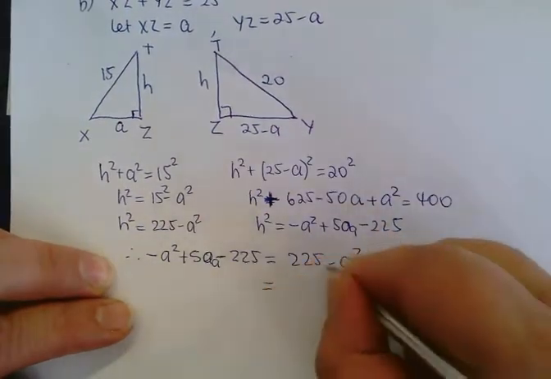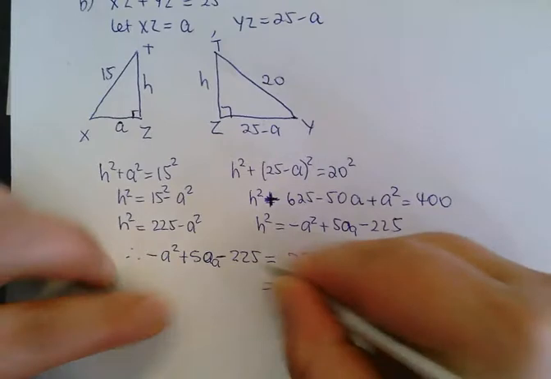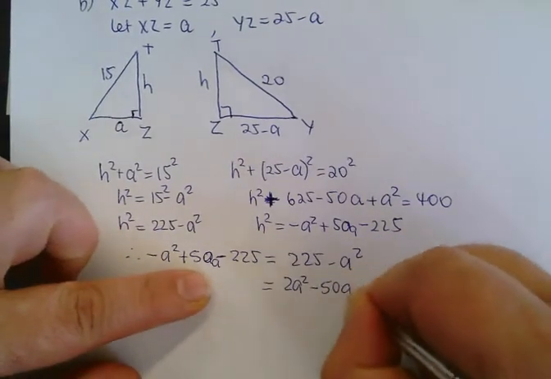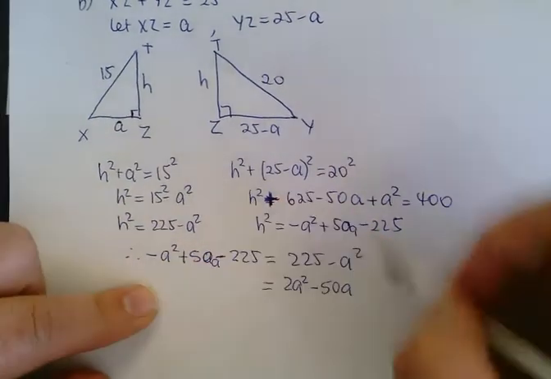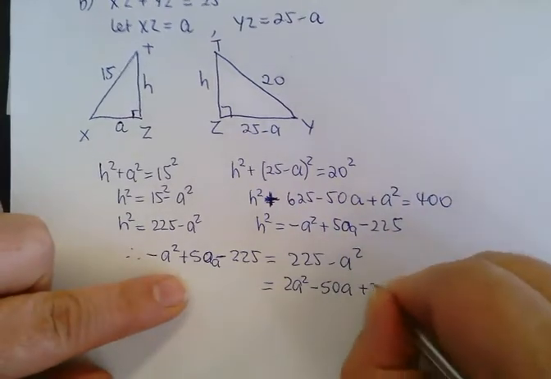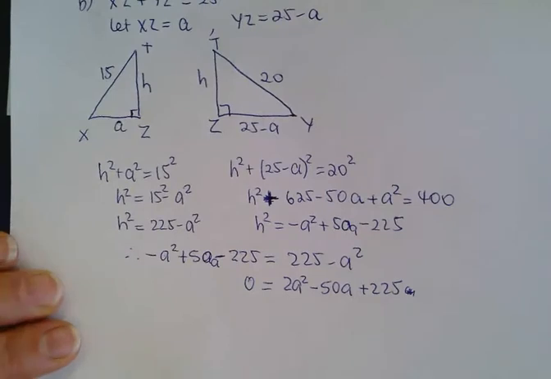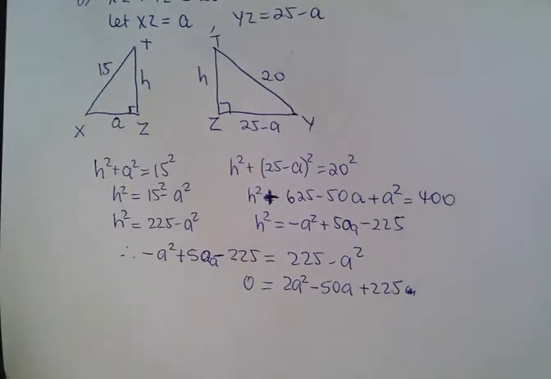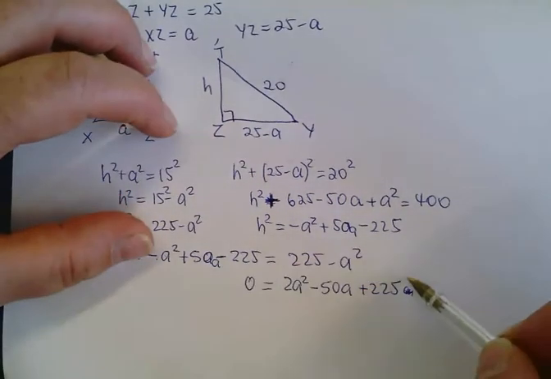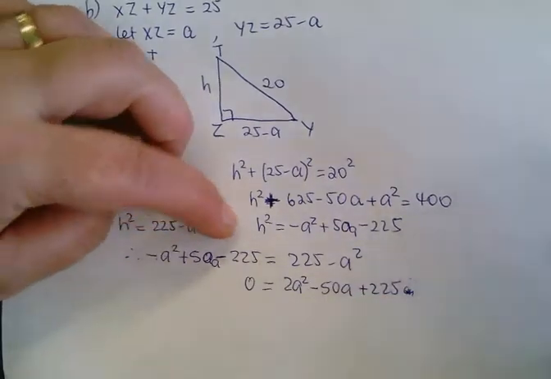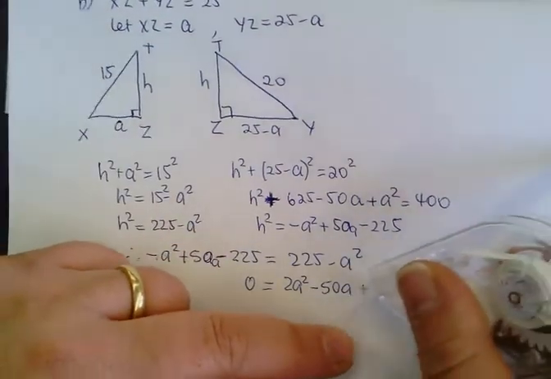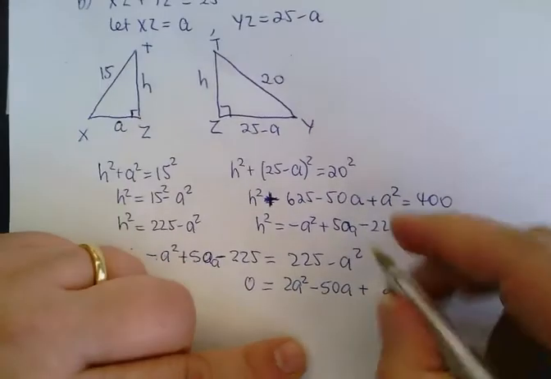So going back to the other side, 2A squared minus 50A plus 225 equals 0. And then, no, I've gone to this side. Oh, it's plus 450, isn't it? Plus 450.